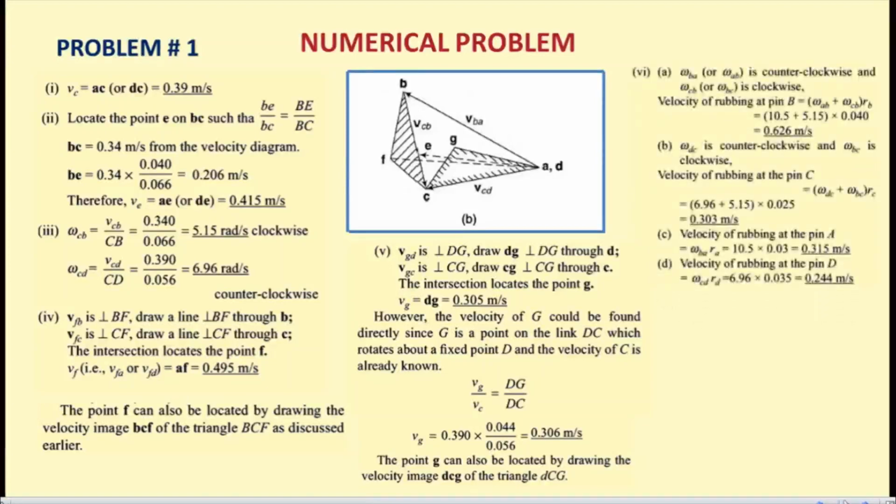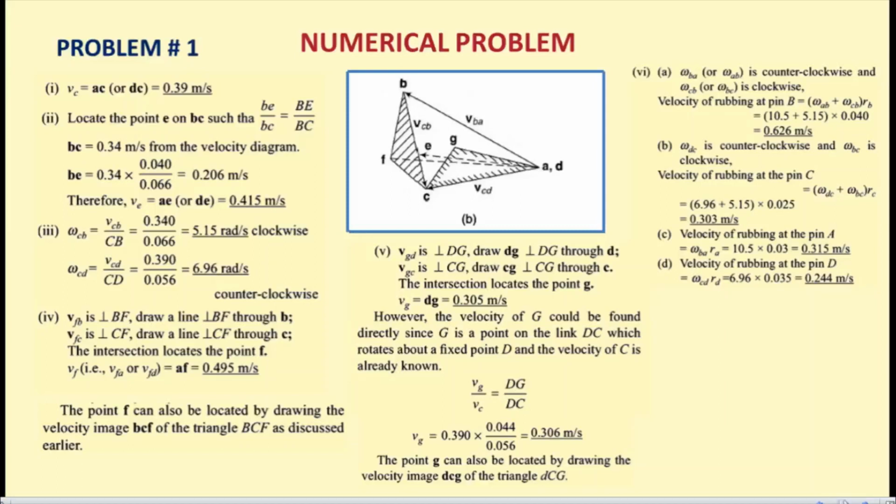Now omega BA or omega AB is counterclockwise and omega CB or omega BC is clockwise, which we know. So the velocity of rubbing at point B is equal to RB times omega AB plus omega CB. The RB value is given as 0.040 meter. So we can put the values and get the result as 0.626 meter per second.